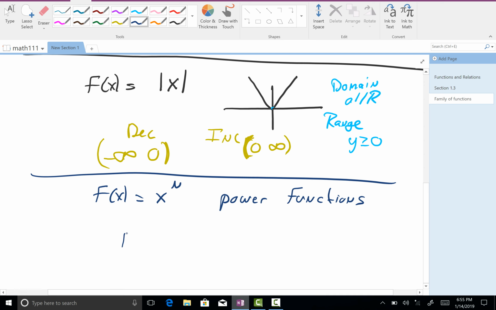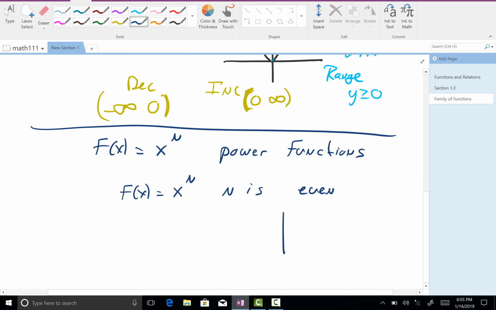So what do you think this graph is going to look like if n is an even number? What letter of the alphabet would you use to describe it? Yep. It's going to be a U. Okay?